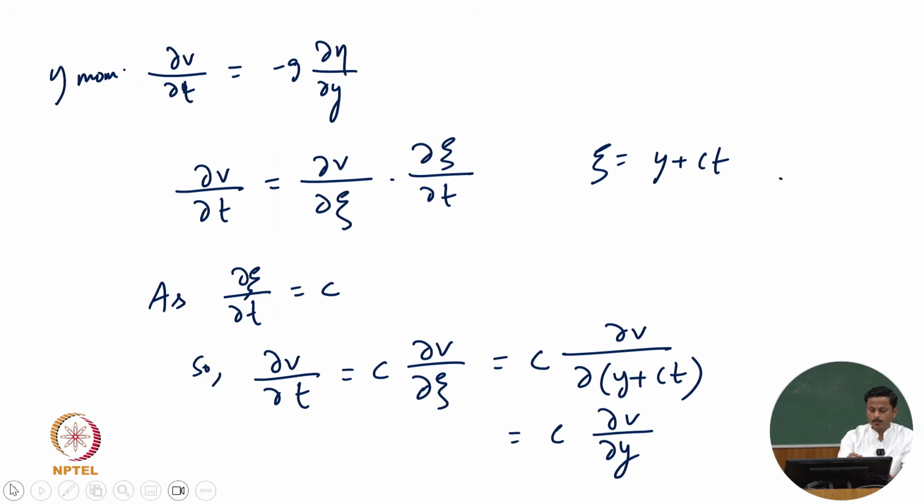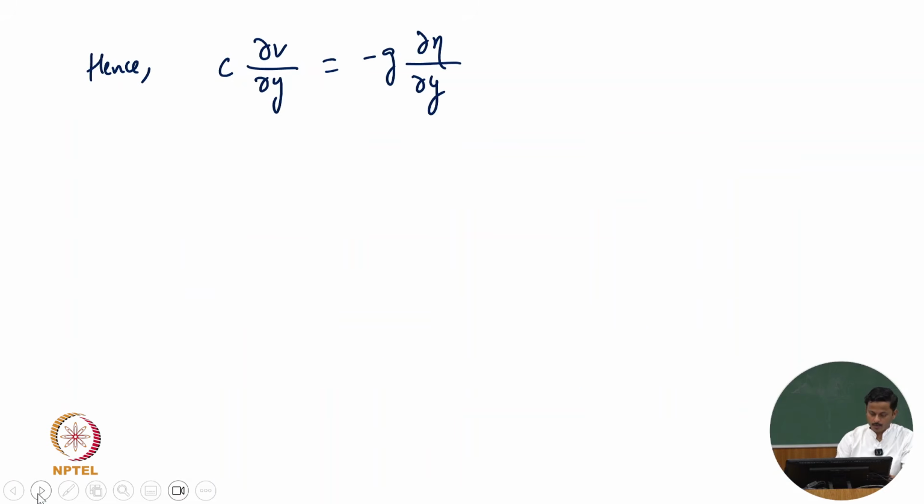We are just using the y momentum equation and the fact that we can expand the time derivative using the chain rule, and the derivative with respect to y plus ct is equivalent to the derivative with respect to y. ct is just a translation.